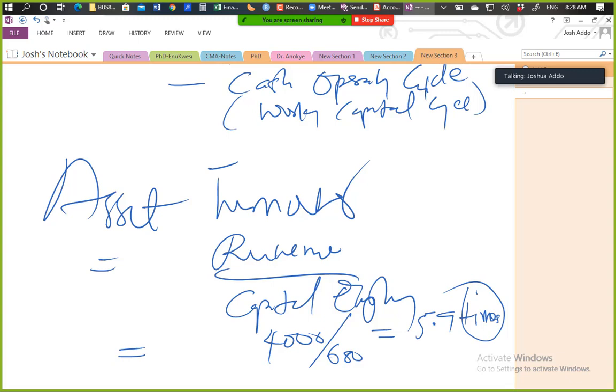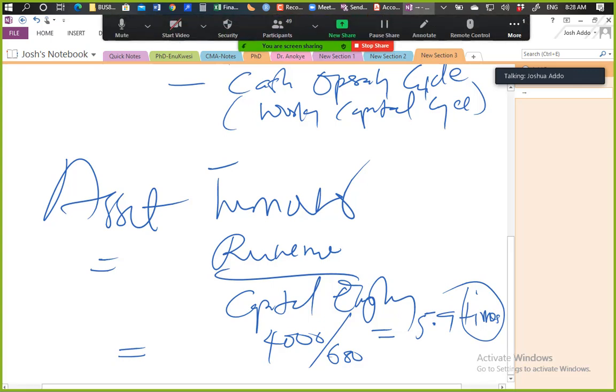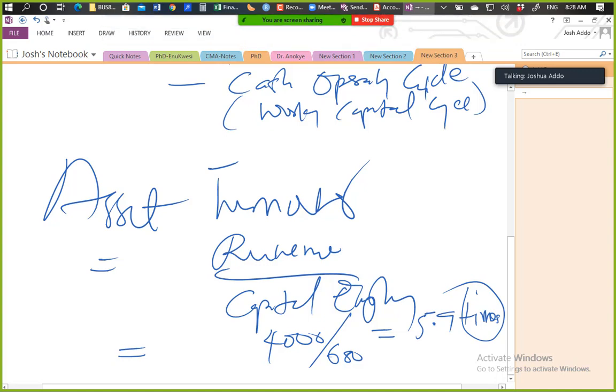It's just a way of communicating, so when you use percentage, you have to understand how you will interpret it. But traditionally, this metric we put in number of times. So 4,000 divided by 680 is approximately 5.9 times.